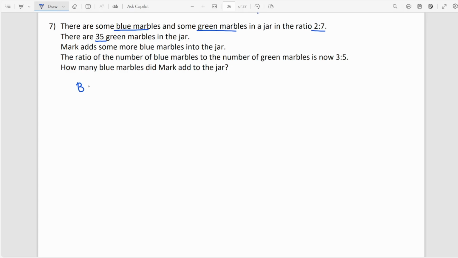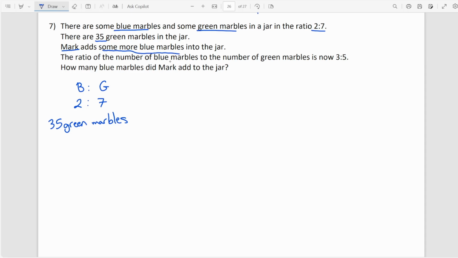So the ratio between blue and green is 2 and 7, and I have 35 green marbles. We should note that with this information, I can easily find how many blue we have and how many marbles in total. Let's continue.